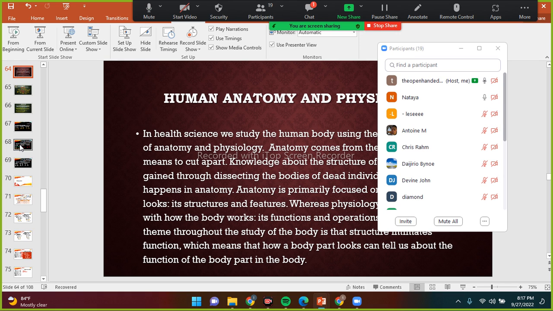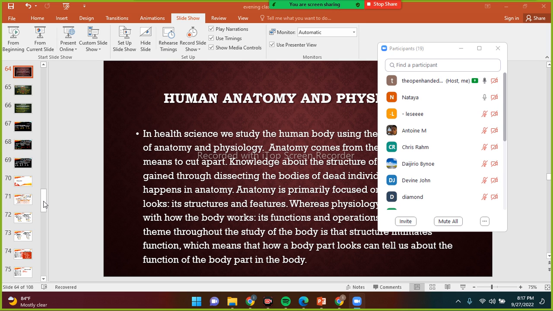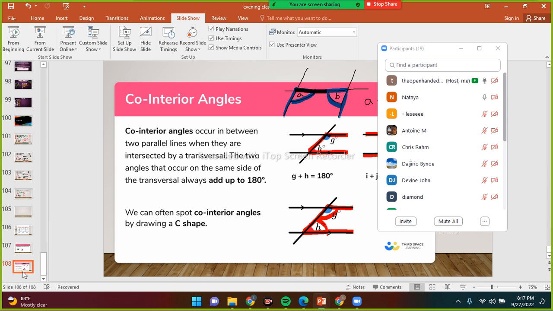Anyone ever see a cadaver before? Maybe in a movie. Cadavers are human bodies that people donate to science.